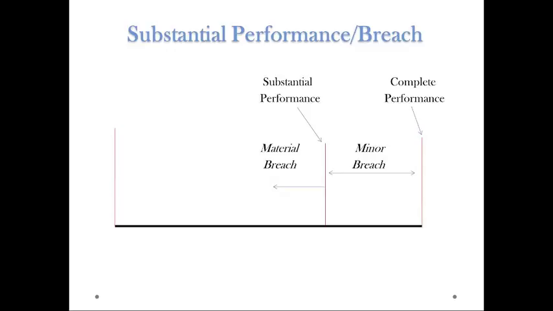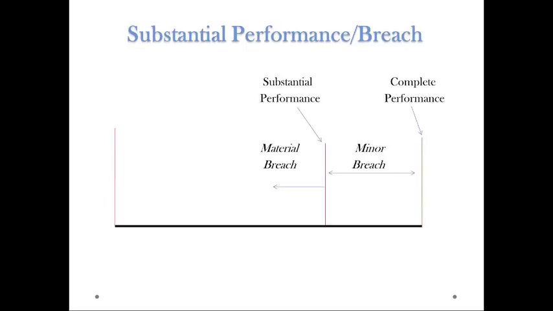The question is, what right does that give the other party to cancel the contract, or when must they accept the breach in the sense that they have to continue to do their own performance? And that's the substantial performance line. So here's how it works. If a party to a contract has provided less than complete performance, but at least substantial performance, there is a minor breach of contract.